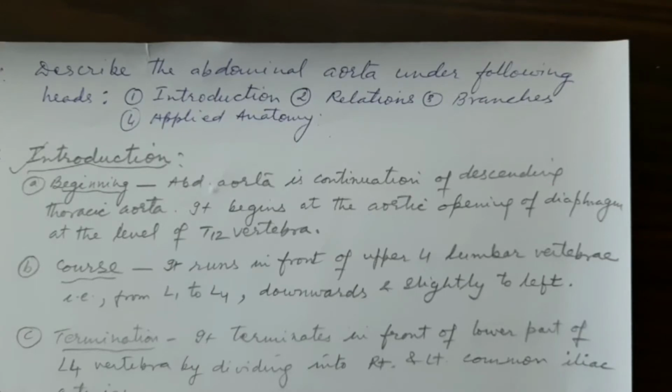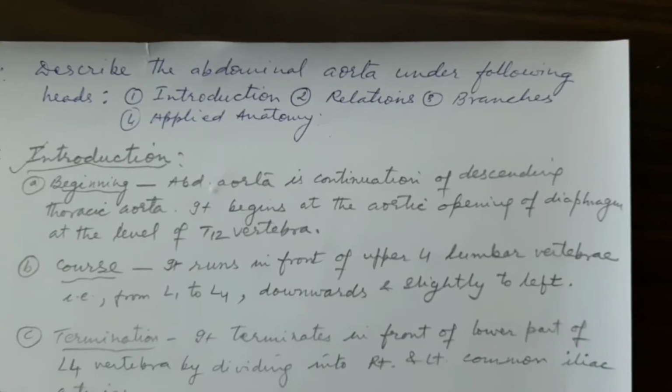Throughout its course, from its beginning to its termination, the aorta lies slightly to the left of the midline, not exactly in the midline. So this is about the beginning, course and termination of the abdominal aorta. Keep noting this in your notebook.